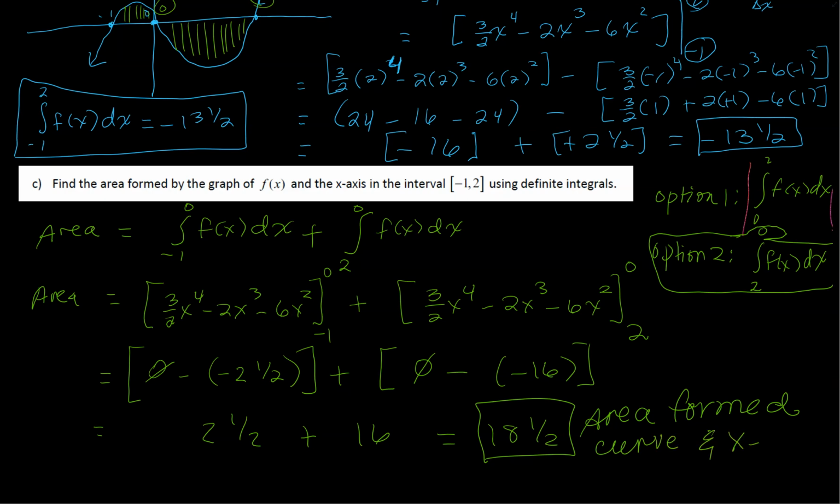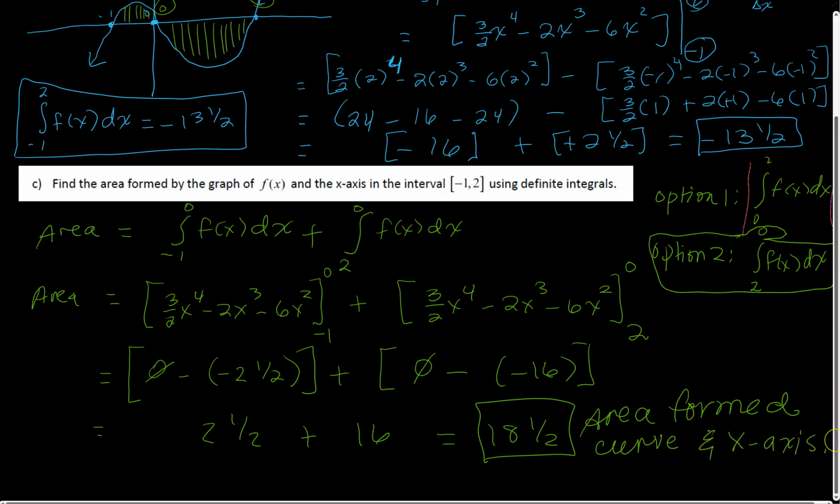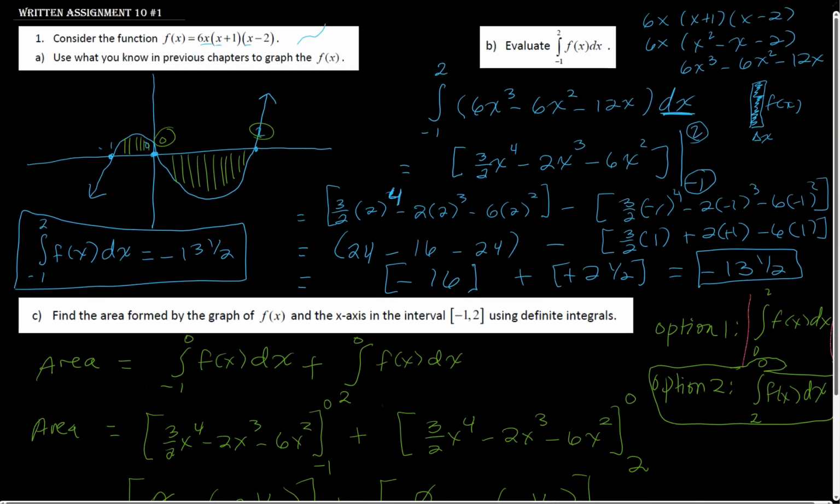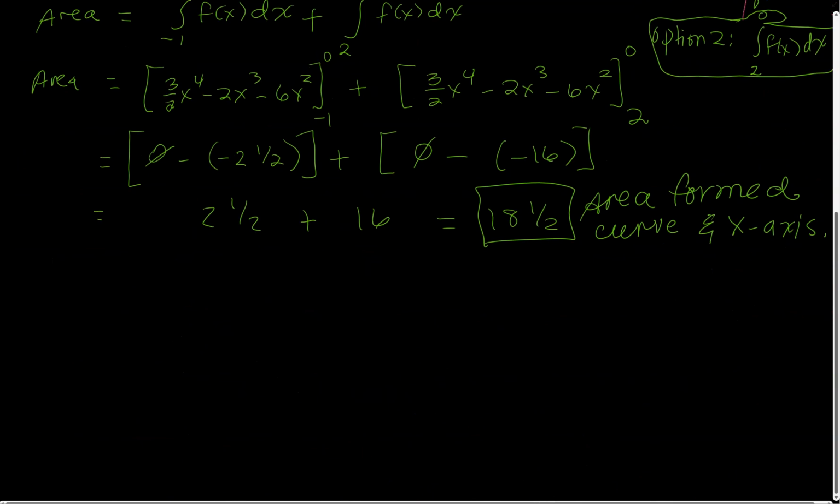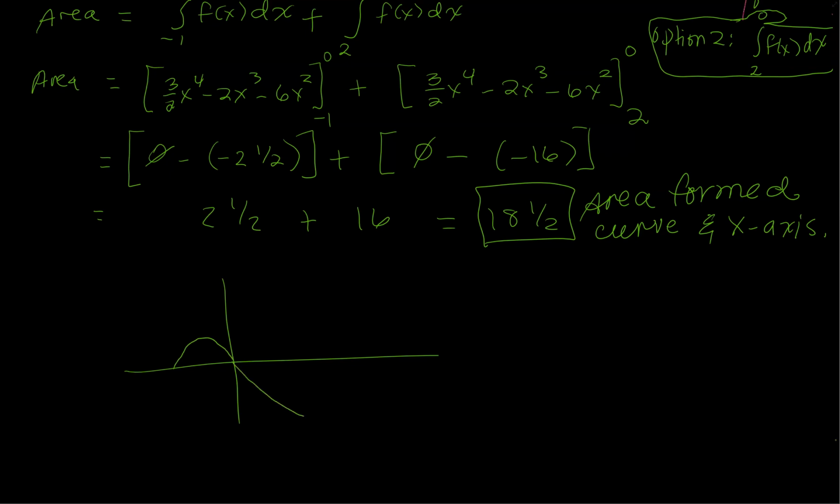and the x-axis. Okay, now if you really think about what this means, let's go back to our picture, right? The picture said this. I have this part here, and then I have this part here. The area formed right here is 2.5, and the area formed here is 16, right?